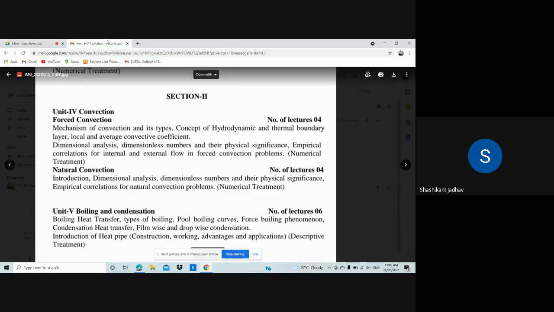Then write down the second point in the convection topic, that is natural convection, and write down the syllabus for natural convection.